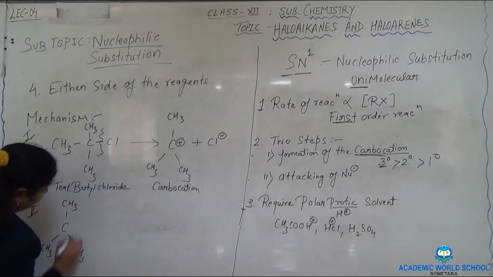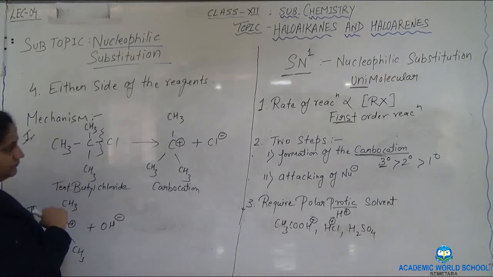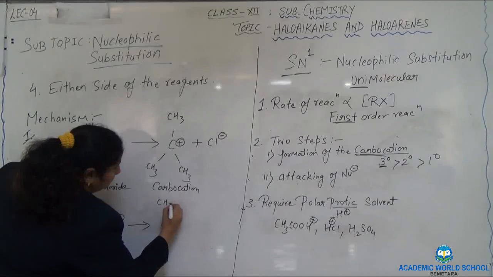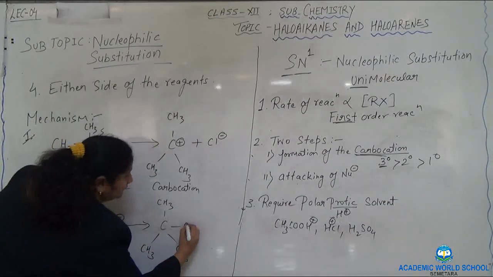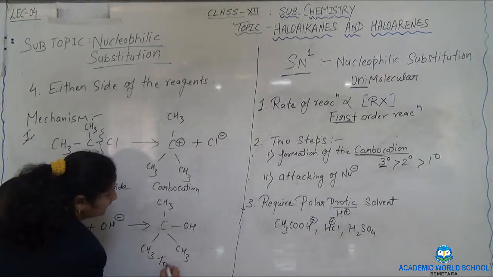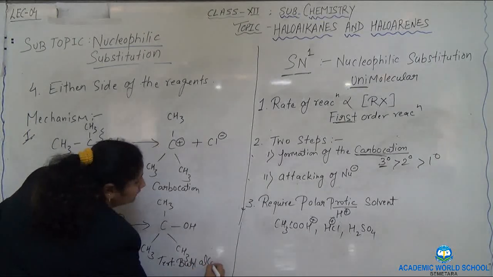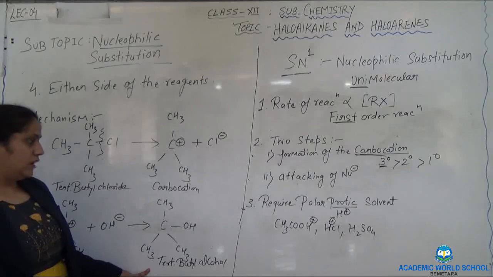Hence, in the second step, this carbocation is attacked by the nucleophile and forms this type of compound. The name of the compound is tertiary butyl alcohol.